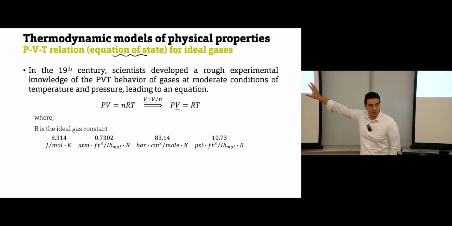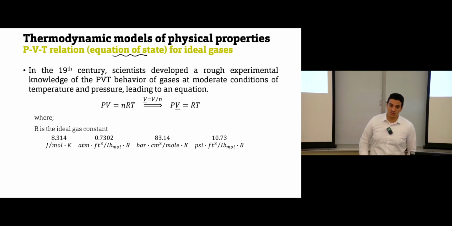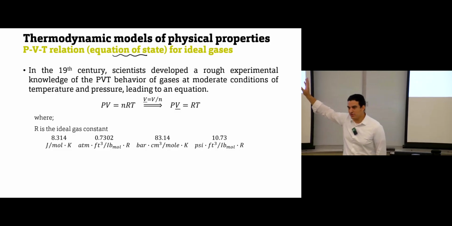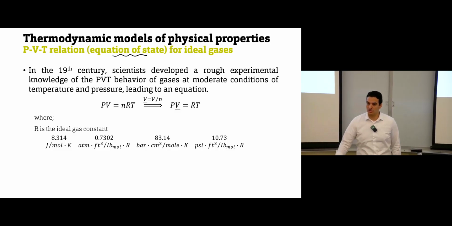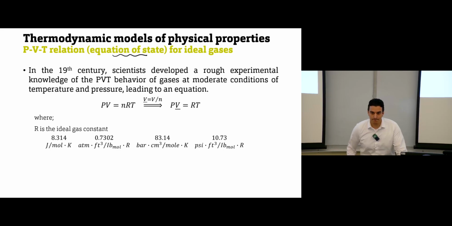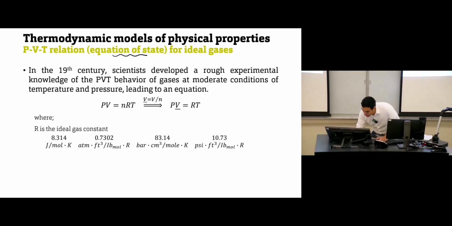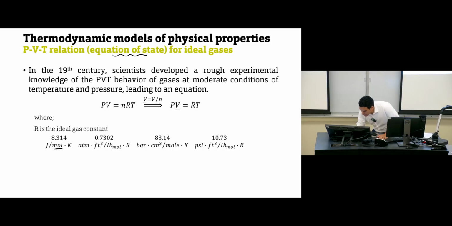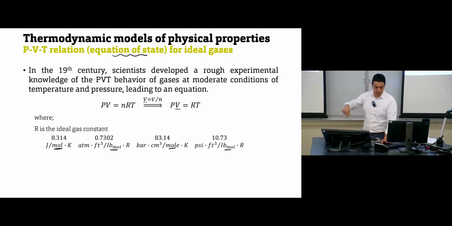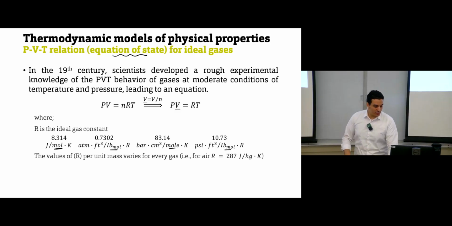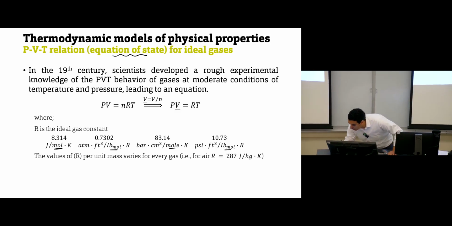This is one of the mistakes we see in the exams. Just check what units you have in the problem, then choose which of these values will be used. We have different values of R, but these are the most common values that you will use in the problems. Clear? If you notice, the value of R in all of them is described per mole. But we also have R values that can be described per mass.